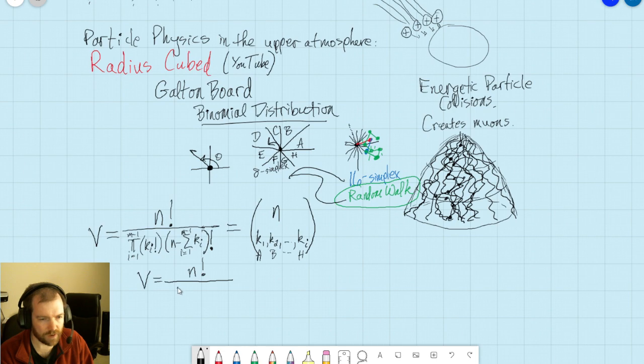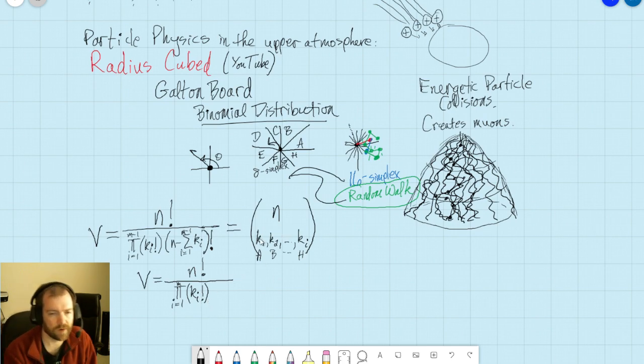It's n factorial over the product as i goes from 1 to m of just k sub i factorial, going all the way out to your last one. I guess that's technically k sub m.